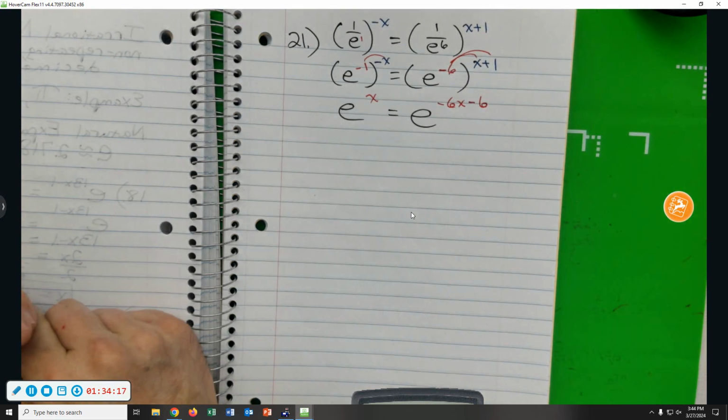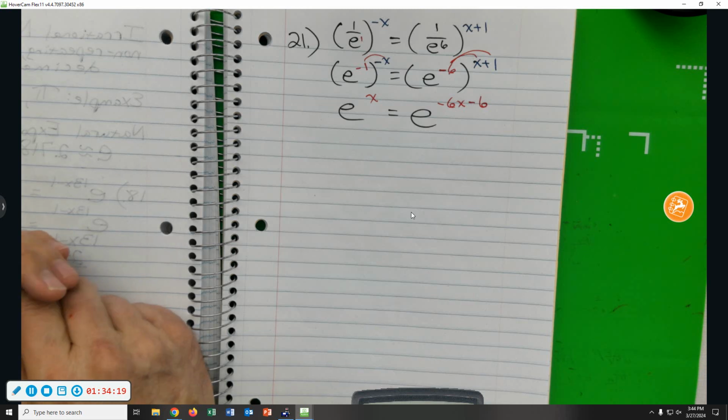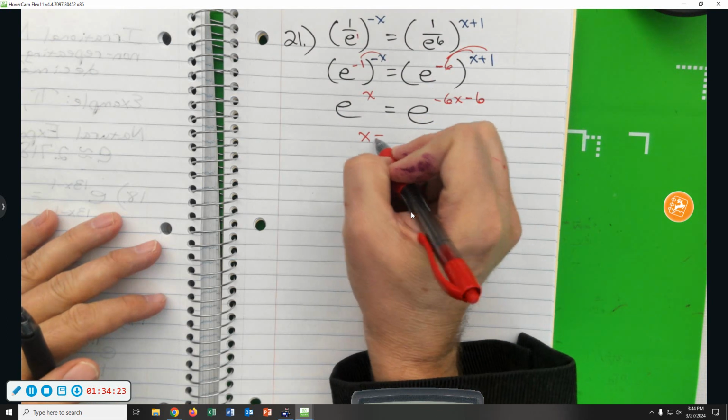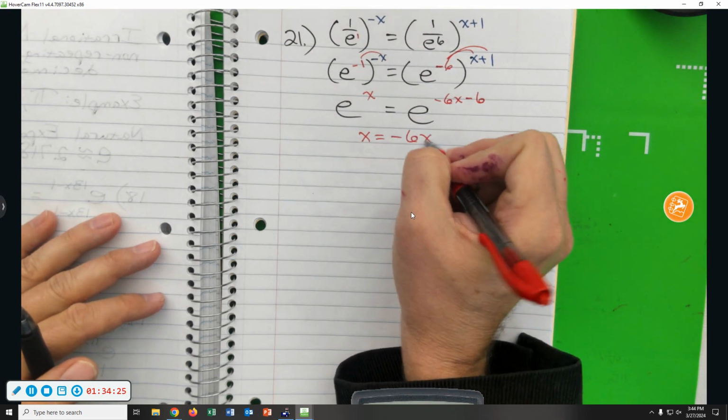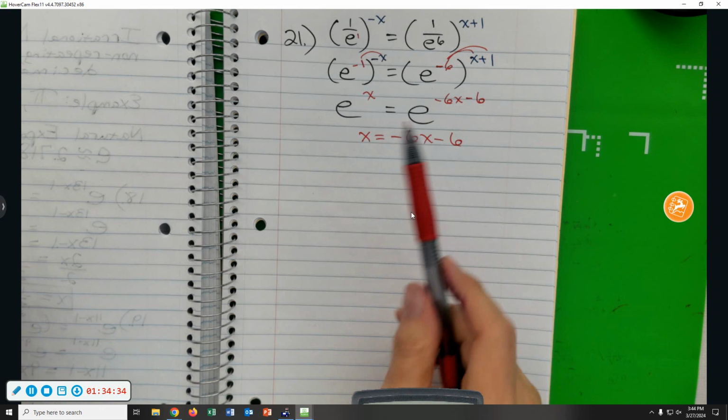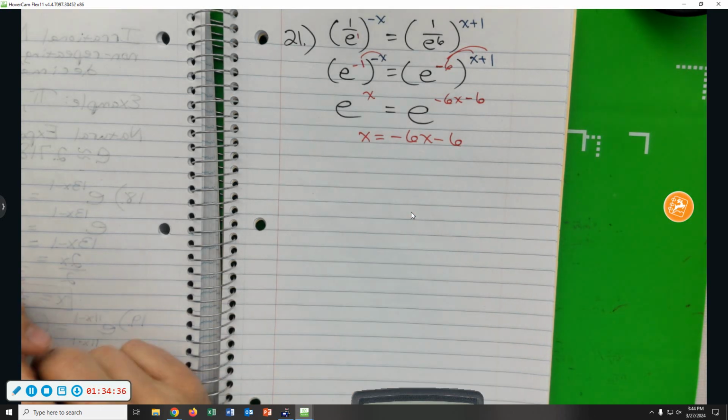And now what? Drop the base, set the exponents equal. So we have x equals negative 6x minus 6. I think I'll move this negative 6x over to the right by doing what? Adding 6x.